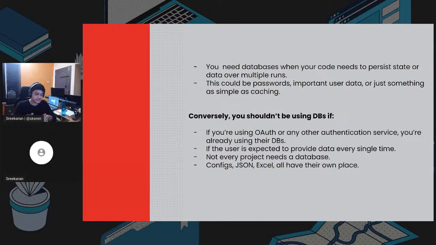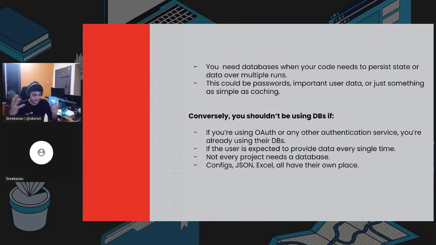Perfect. So again, it's really important to understand when we should be using a database and when we should be using just a spreadsheet, and maybe even a JSON that is stored outside your config files, right? Config files and JSON all have their own place. When you have a set of structured data that you need to store in that specific format, then you start using an SQL database.